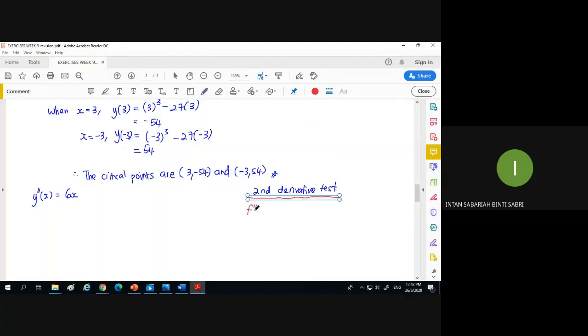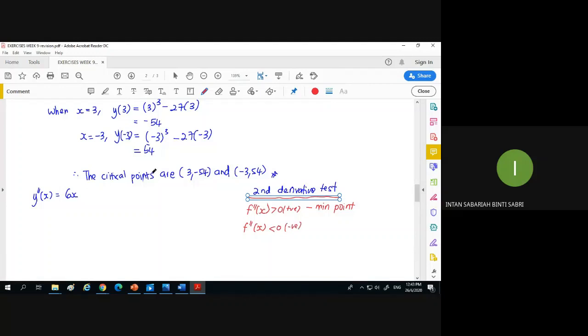Kalau f double prime x greater than 0, okay, greater than 0 maksudnya apa? You differentiate and then masukkan critical value dalam ni, you dapat positif, kan? So greater than 0, maksud dia opposite, positif, so dia adalah minimum point. Okay, second derivative test. Itu saja. So you terus dapat.